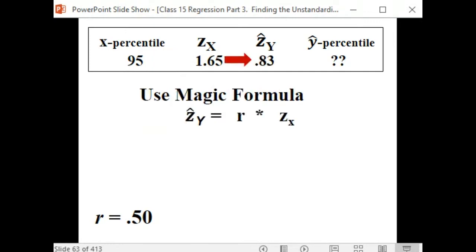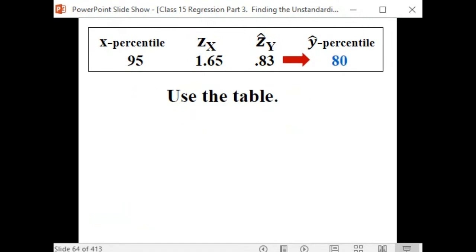When we use the magic formula, we can see that the predicted z-score of y is 0.83. Now again, the problem is that this is a z-score and we need a percentile. So to turn it into a percentile, we use the table again for equivalent z-scores and percentiles, and we find that Misty's predicted percentile on the final is 80.